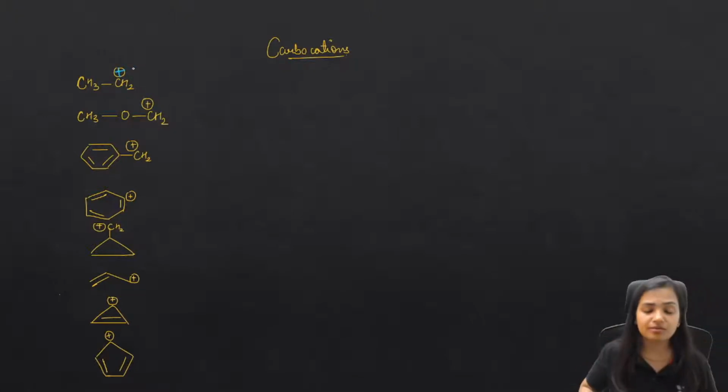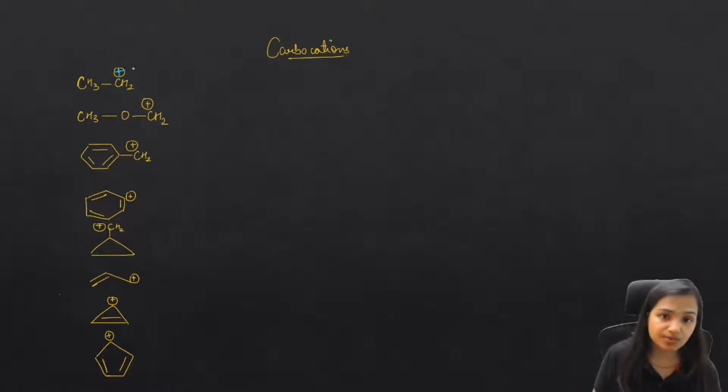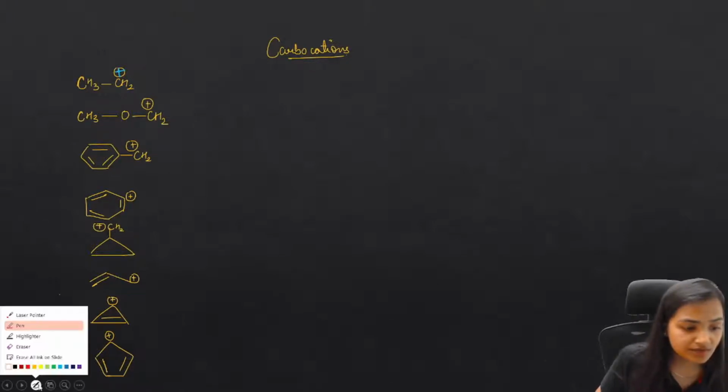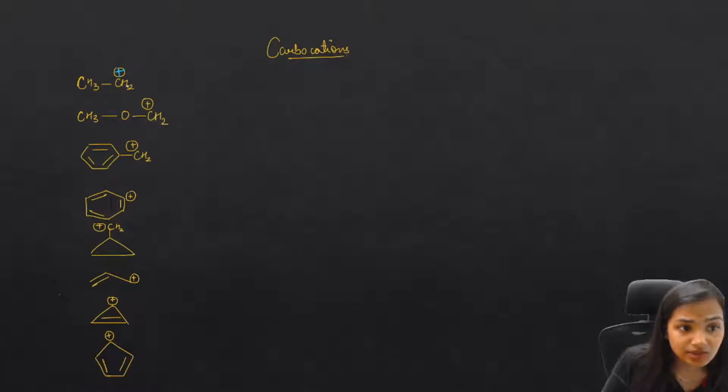Before learning about the stability of carbocations, let's look at what types of carbocations we could have. This is a carbocation, CH3CH2.